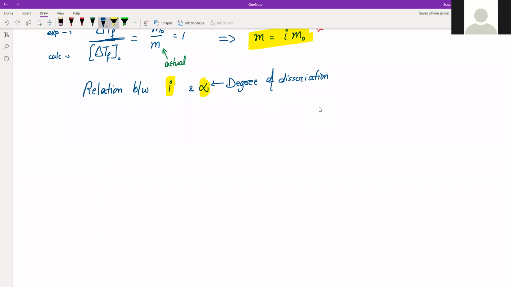I hope you already know what alpha, or the degree of dissociation, is. This value i is equal to the actual number of particles divided by the number of particles assuming there is no ionization.